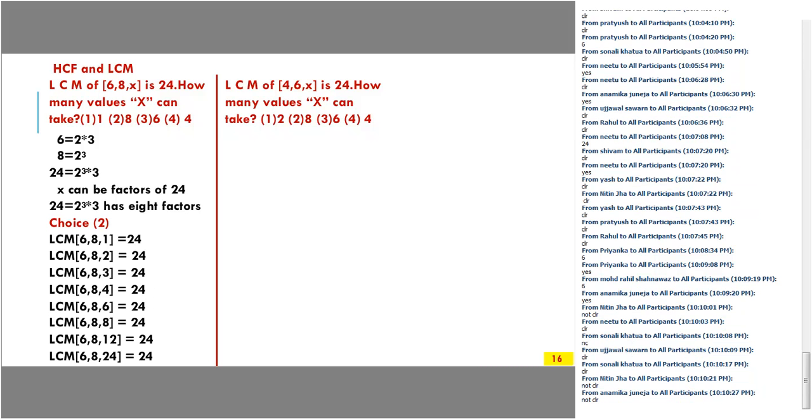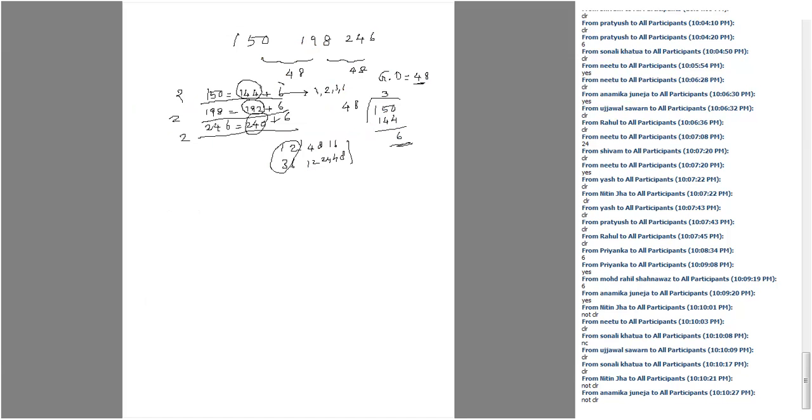Now, how do you find HCF and LCM? Many of you are not clear, so we'll see. Now, what are the numbers I gave?